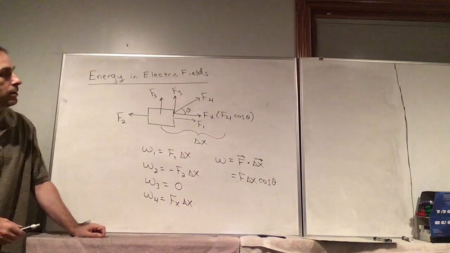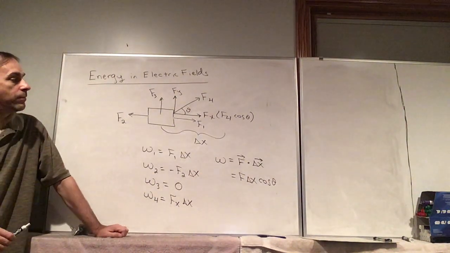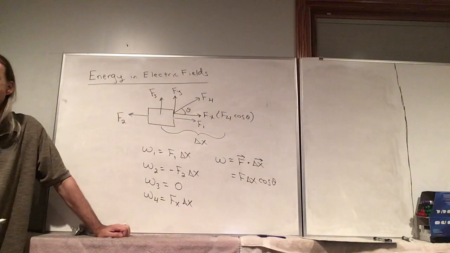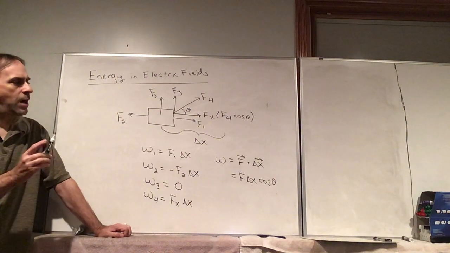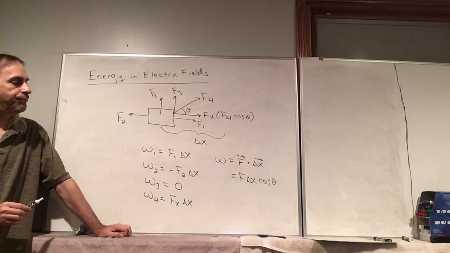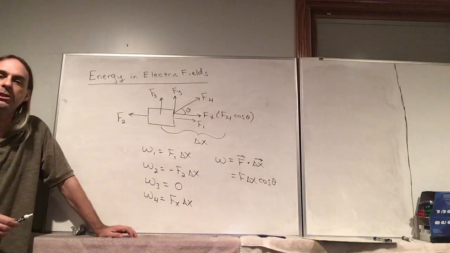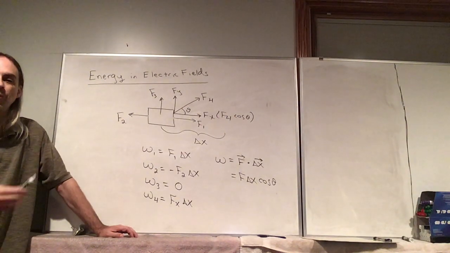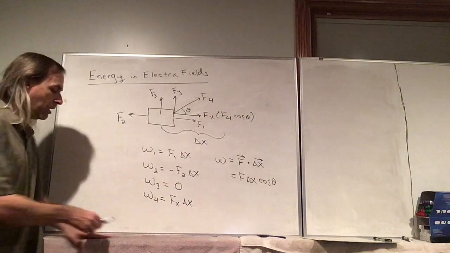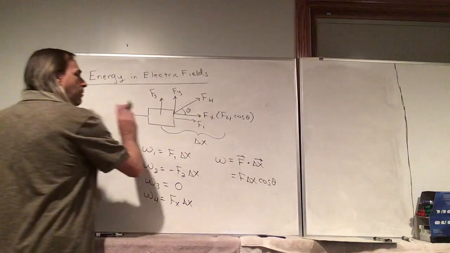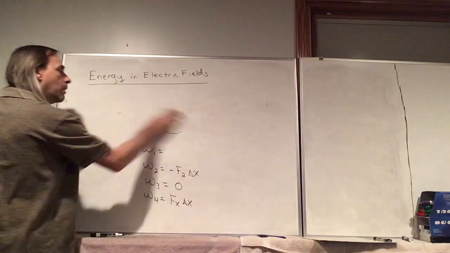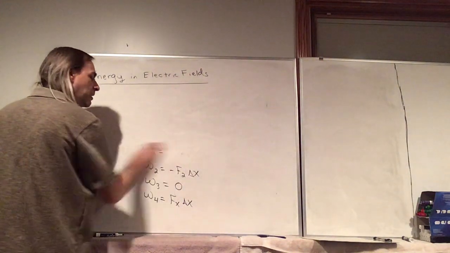So we get the same result. It's a more compact way of writing it. However, this is fine as long as we're dealing with a constant force or a nice reasonable displacement. But what if we have a more complicated case? Let's say the force is variable.